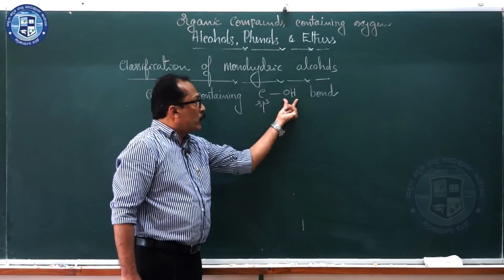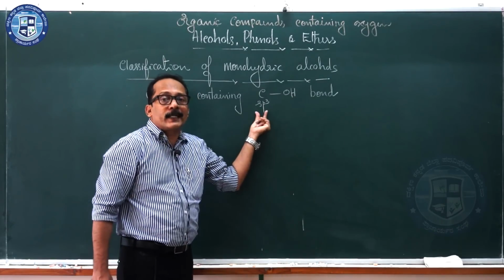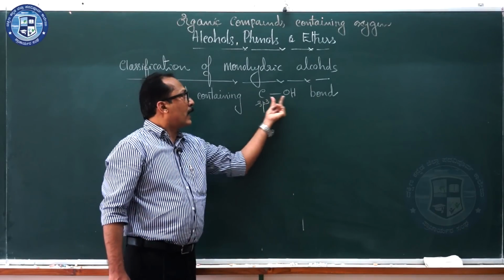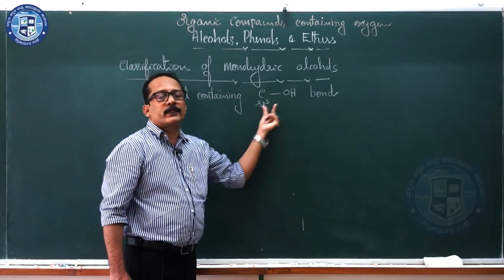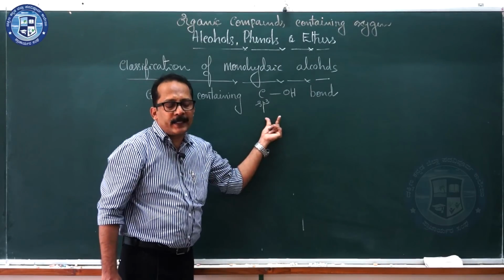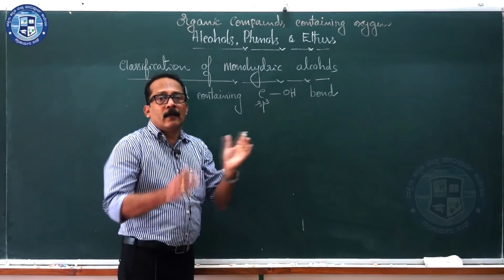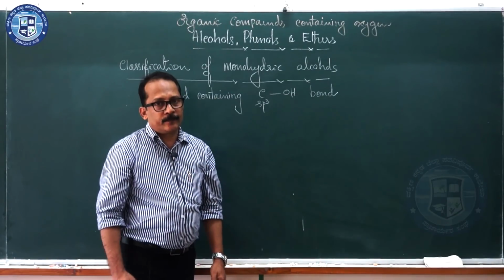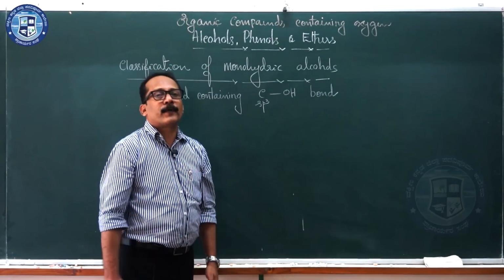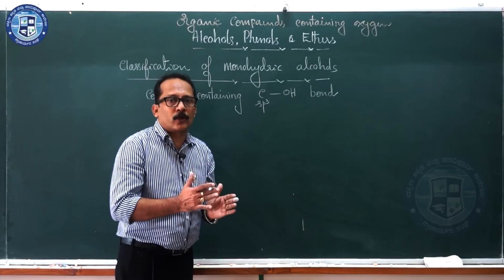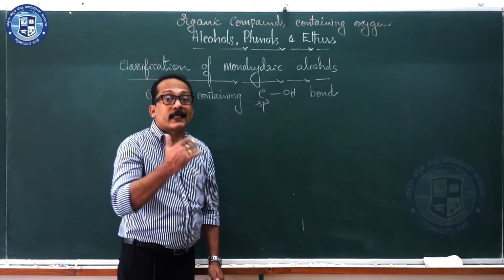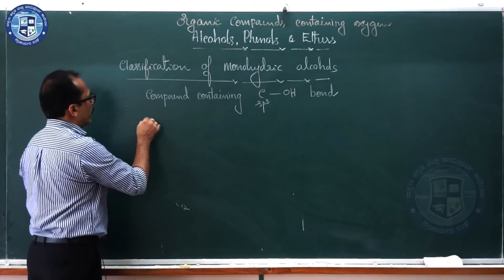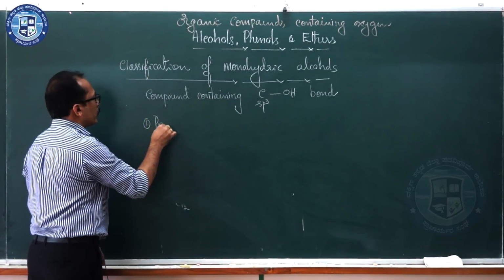So the hydroxyl group is attached to a saturated carbon atom. This kind of compound has a carbon to OH bond, where the OH group is attached to an sp3 hybridized carbon atom, that means where the OH group is attached to an alkyl group. Therefore, they are further classified as primary alcohols, secondary alcohols, and tertiary alcohols. Under this, first one, primary alcohols.